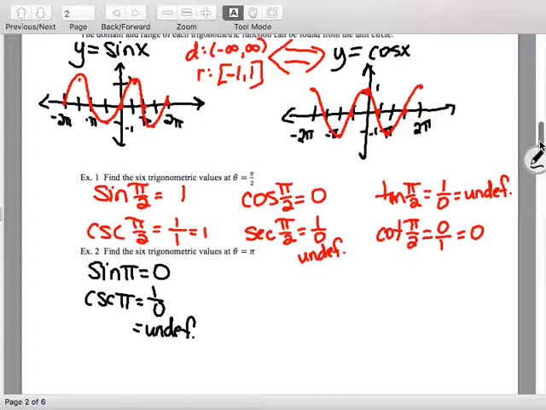So sine of pi is 0. Cosecant pi would be 1 over 0. Now you can't leave 1 over 0 on a quiz or a test answer blank. You need to go one step and say that's undefined.